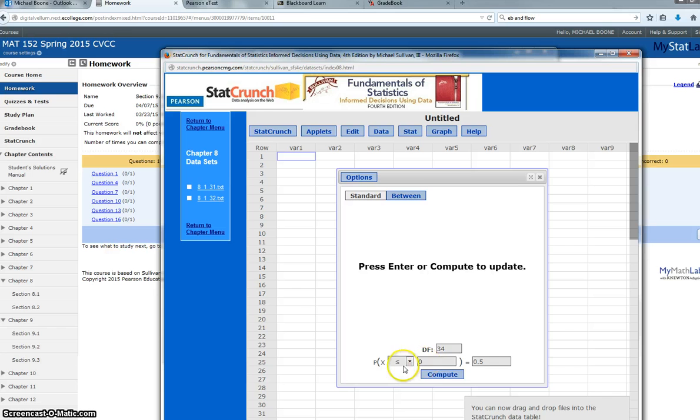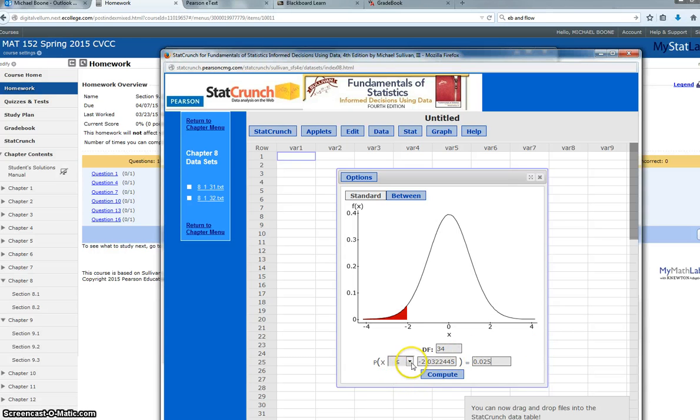And if I was trying to find a t-value, here's where I would do it. I could do less than; this would be a t-value that said 2.5% is this way. It's symmetric just like our normal.